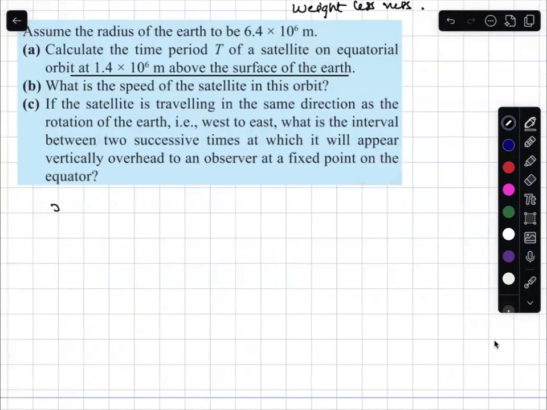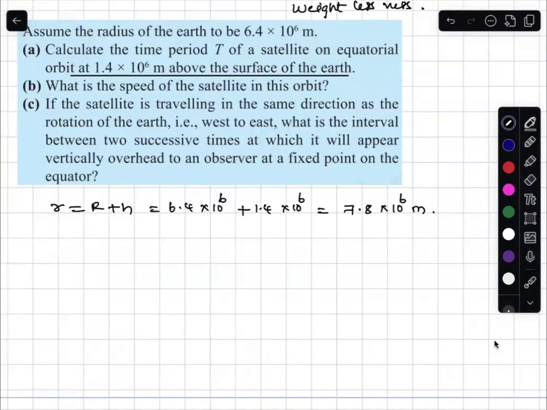Therefore, radius is R plus h, which means 6.4 into 10 power 6 plus 1.4 into 10 power 6. This will become 7.8 into 10 power 6 meters.